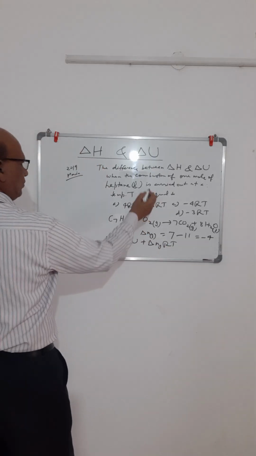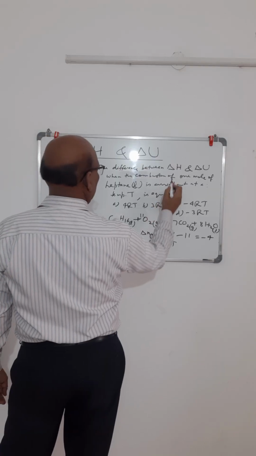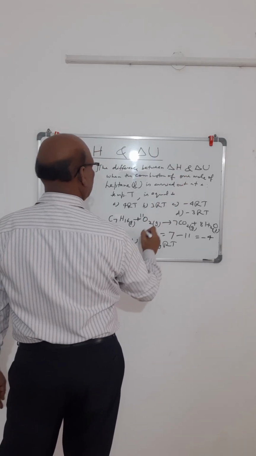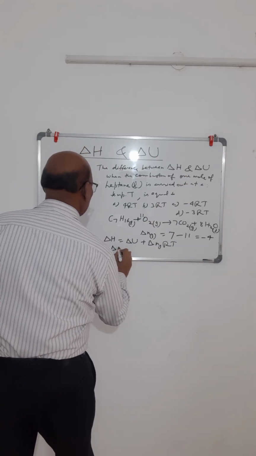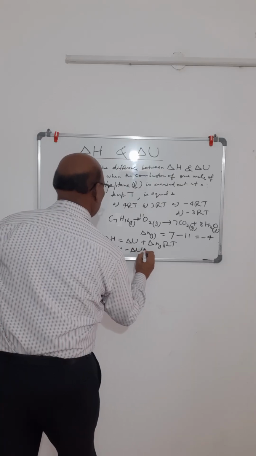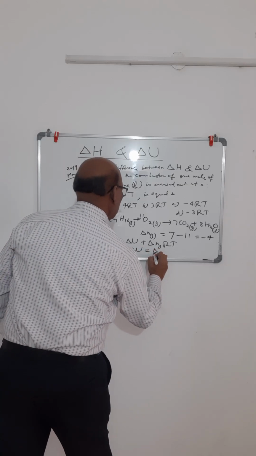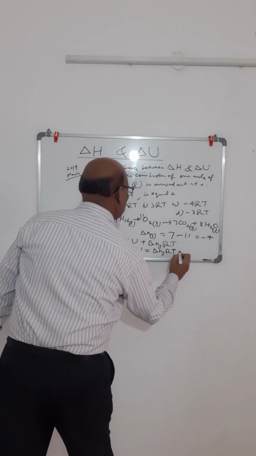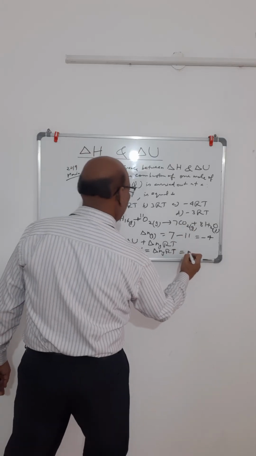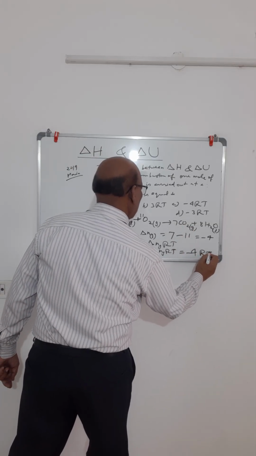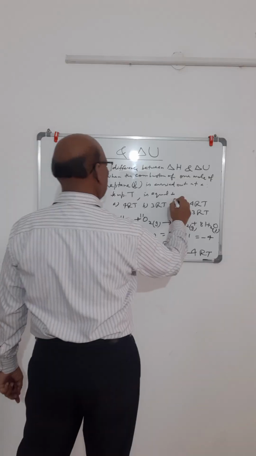What we have to find is the difference between delta H and delta U. So delta H minus delta U will be equal to delta Ng RT, which is minus 4RT. So option C is correct.